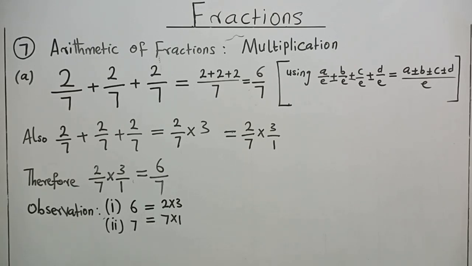The implication too is that this 7, which is the denominator of 6 over 7, came when 7 and 1, which are the denominators of these fractions, multiplied.